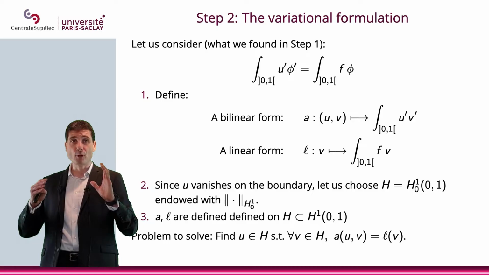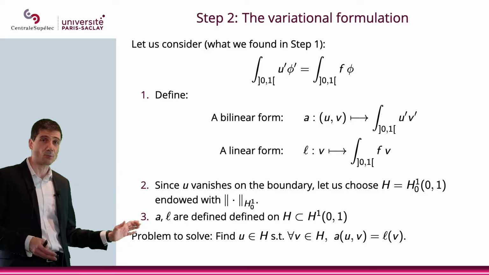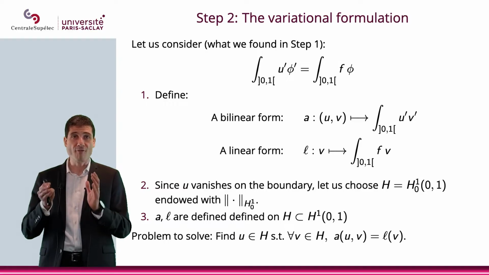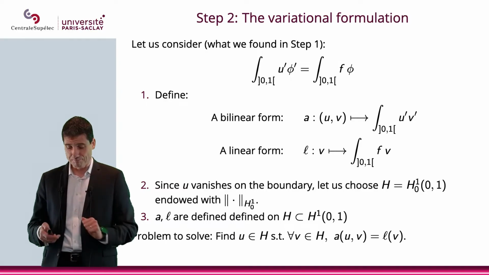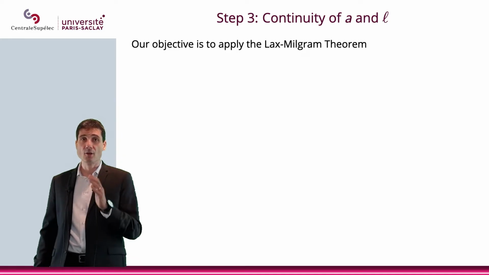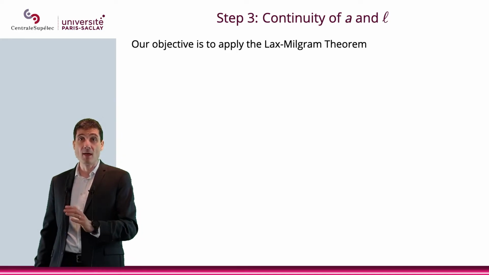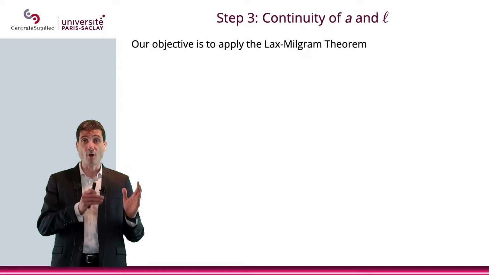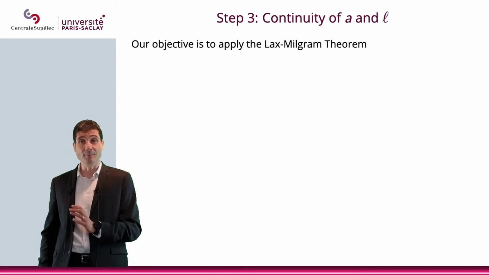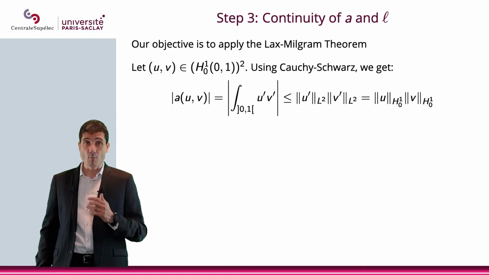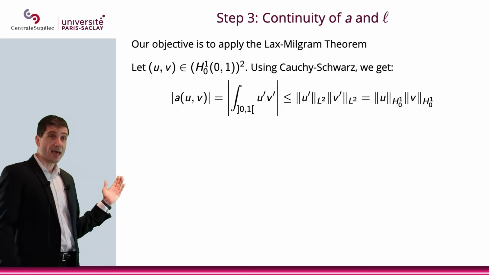Step 2 is basically putting together the variational formulation that is right here at the bottom. We have a variational problem to solve. Step 3, we want to use the Lax-Milgram theorem. Therefore, what we're going to do is prove continuity of A and L. Is A continuous? Well, let's look.